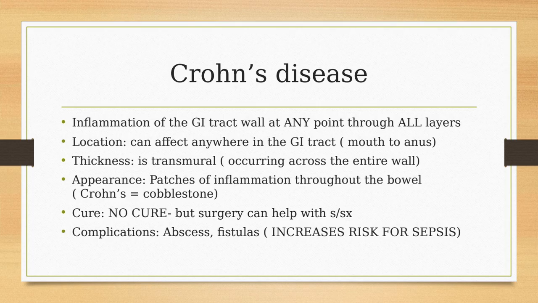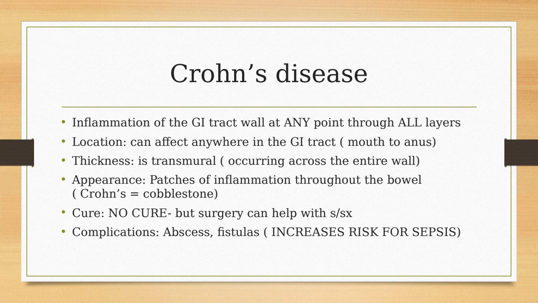Okay. But you do need to recognize that one specific difference between how ulcerative colitis would look on an MRI, for example, versus how Crohn's would look on an MRI is the appearance of patches of inflammation called cobblestone. Okay.